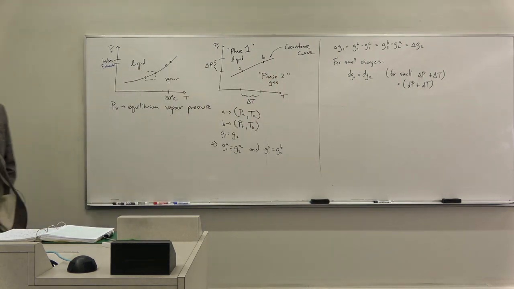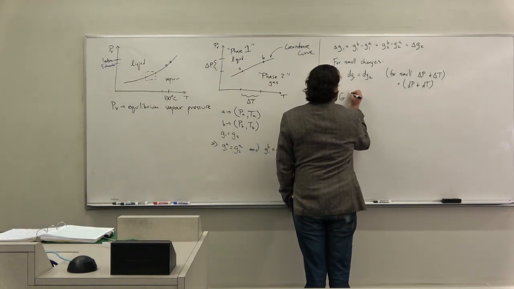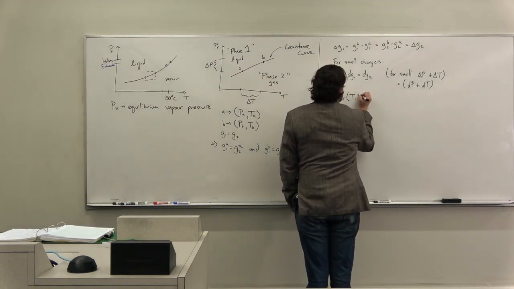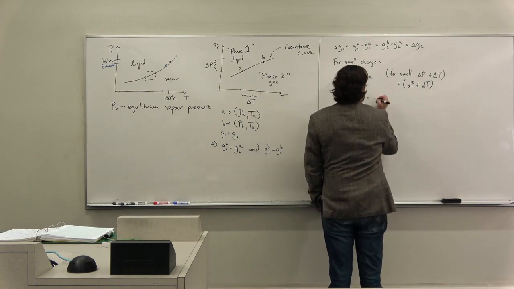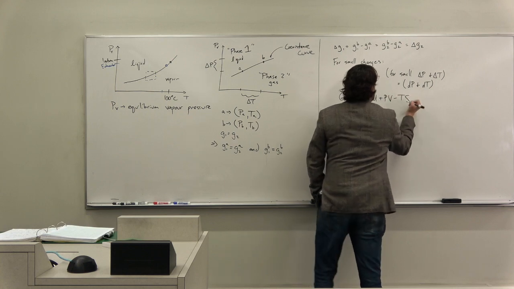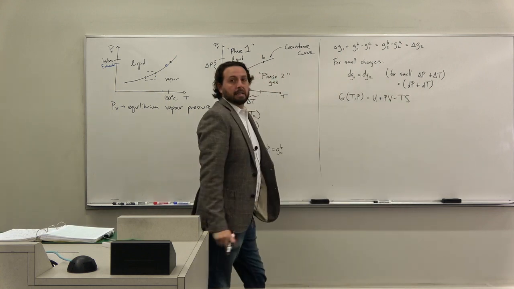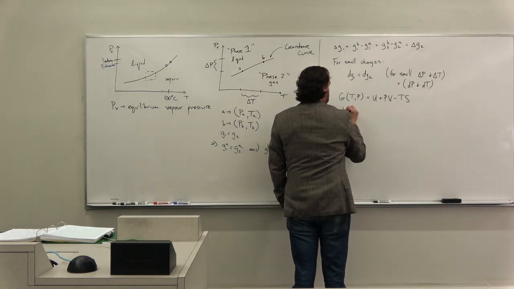Okay, so now at this point, let's remind ourselves what G was. G was, when T and P were the relevant thermodynamic variables, U plus PV minus TS. And so we can just use this to say what our differential is.